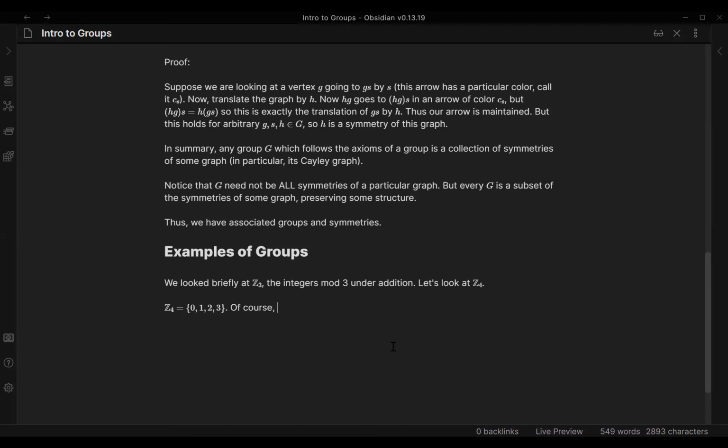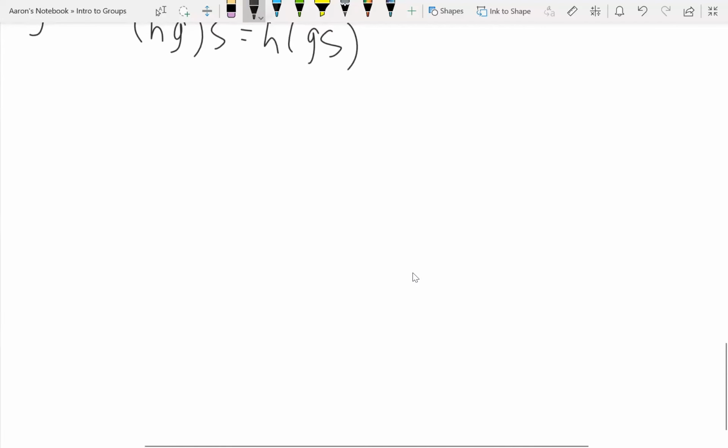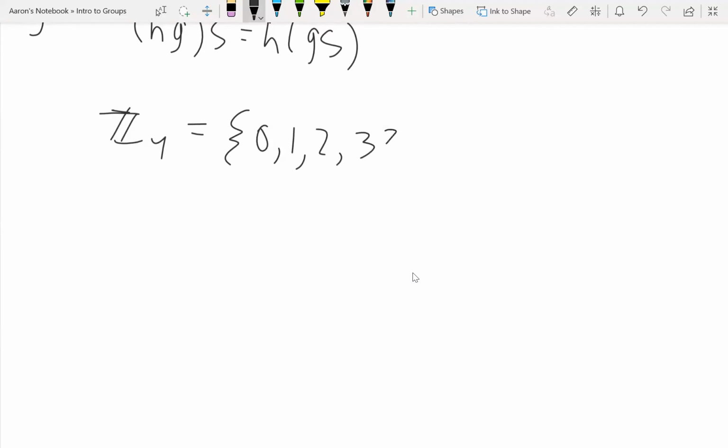Of course, 0 is our identity. But let's look at what happens if we just take 1. So we have C4: 0, 1, 2, 3. Let's pick an element, 1, and keep applying it to itself.